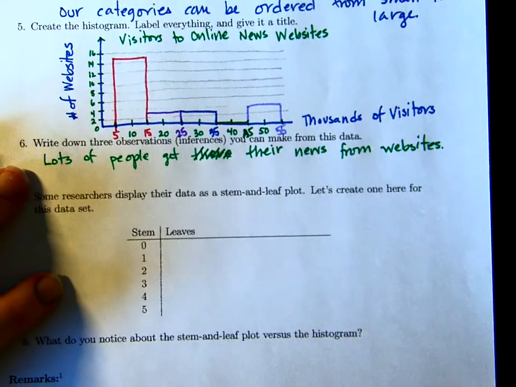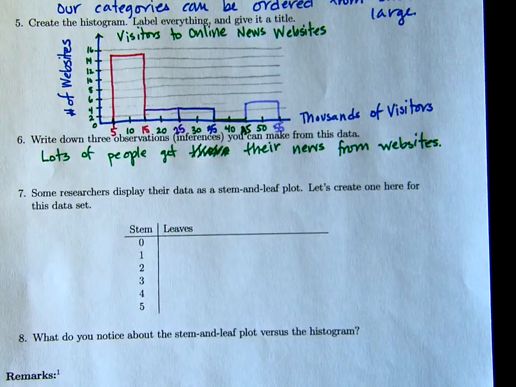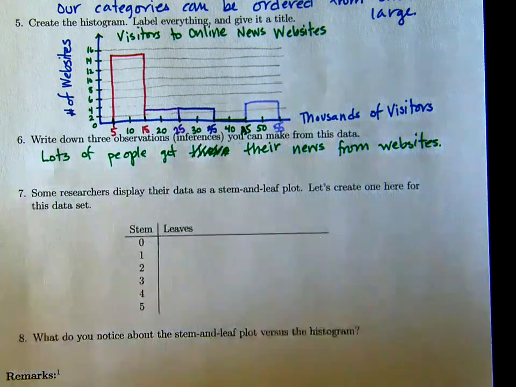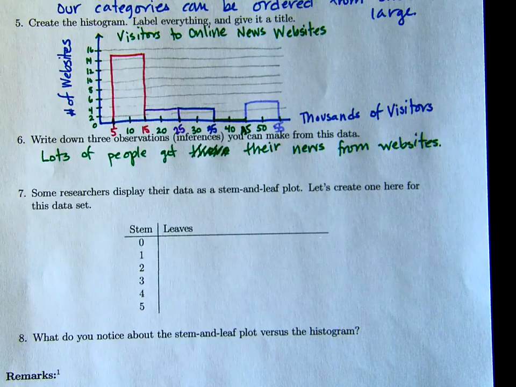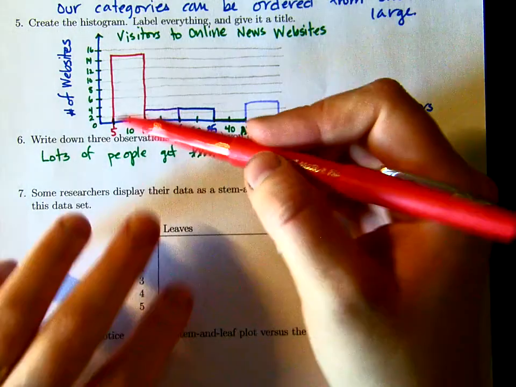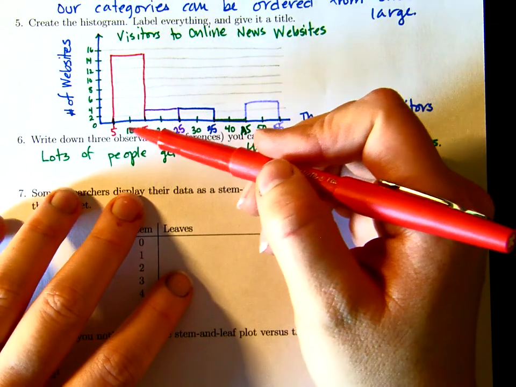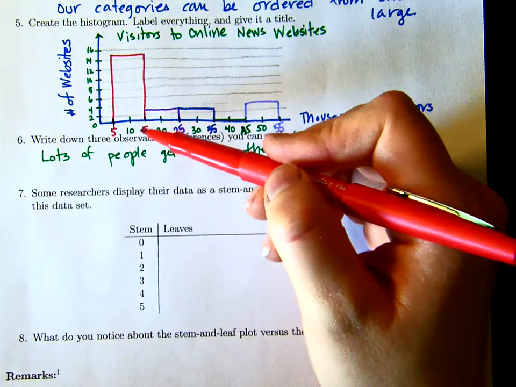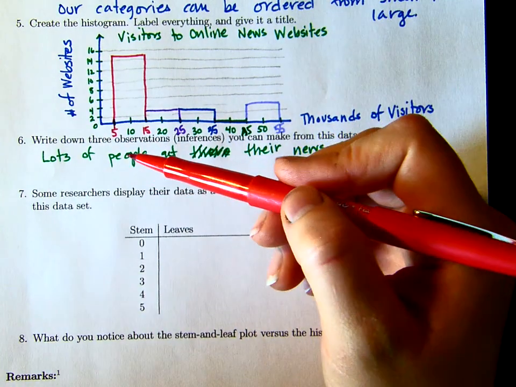Okay, so first, just very vague. Lots of people get their news from websites. Okay, second, there are many websites that seem maybe local.